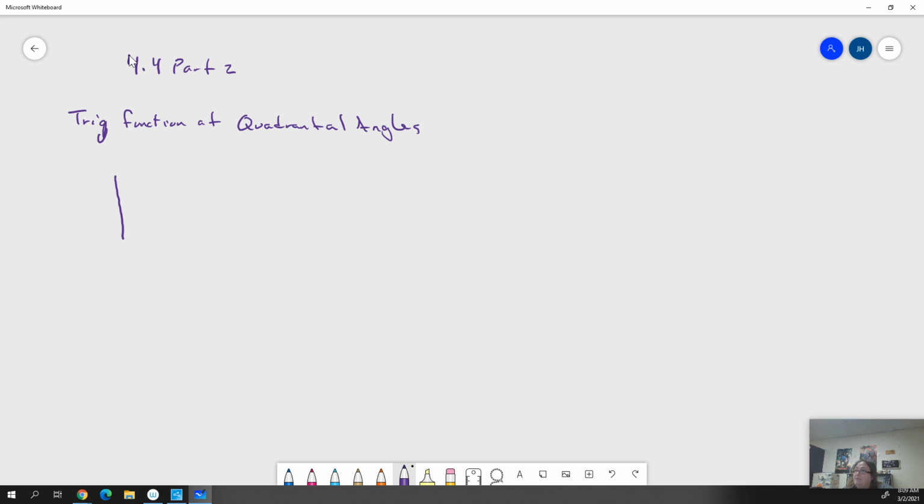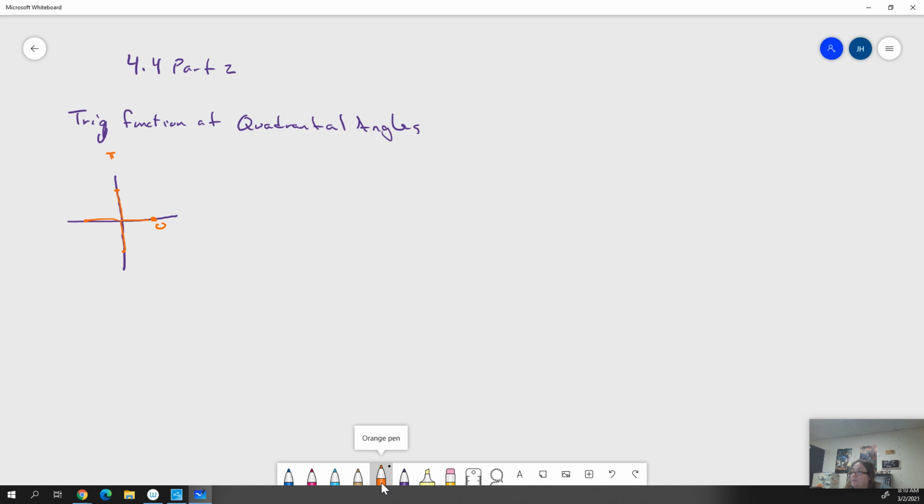So if we have a graph, right? And we have on that graph our points, right? Here we'd have our point at, let's say these are all 1 unit. And here we have 0, right? We've got 0.